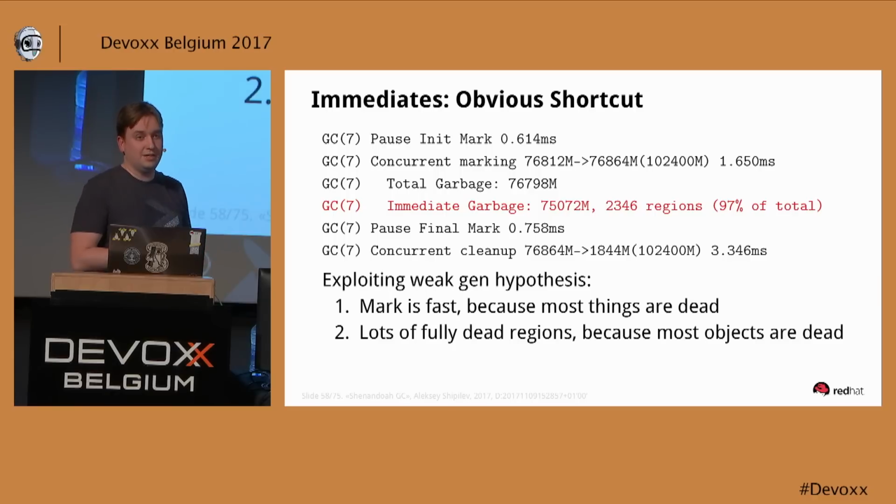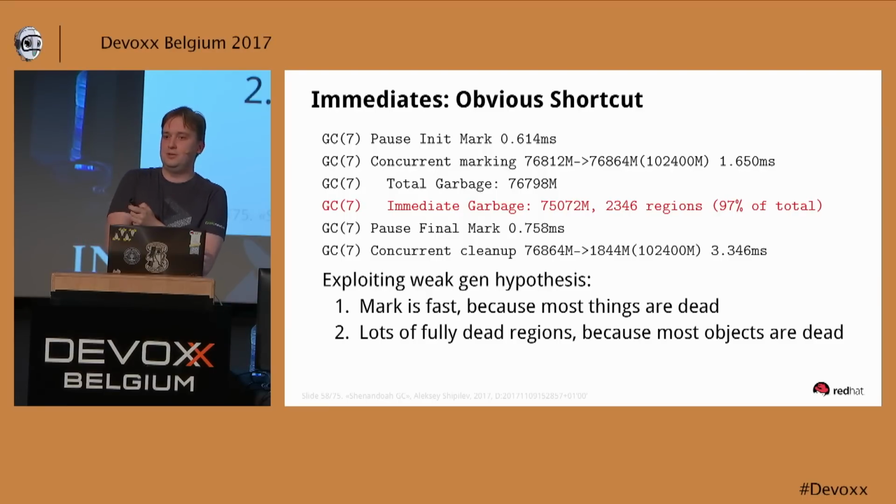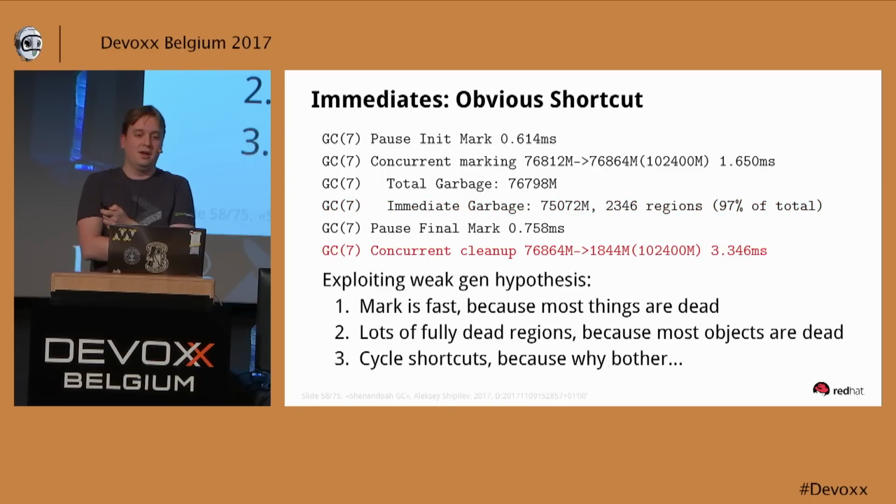Then you realize that in some of the regions you now have no alive objects whatsoever. You don't need to process those regions anymore. You just recycle them right away. And after you recycle, you realize that you have reclaimed like 95% of the old heap. And you just shortcut, because why bother continuing the cycle? You already have the biggest bang there.